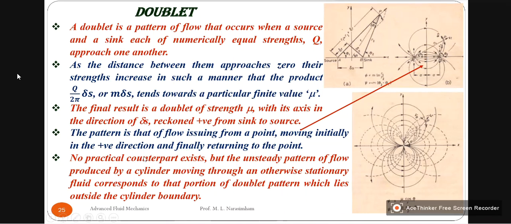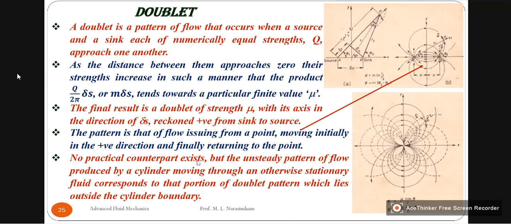No practical counterpart exists. Strictly speaking, this is only a theoretical pattern of flow. In reality, in practical cases, we don't have any such flow. A source moving towards the center and a sink moving toward the center are not present practically.